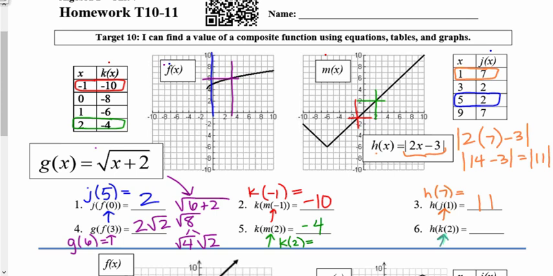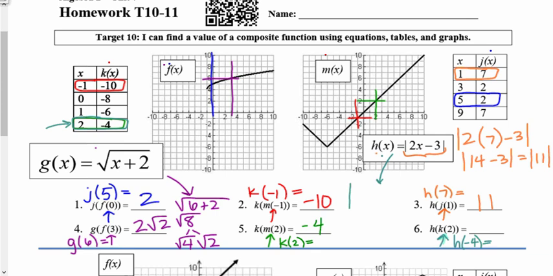That's better. All right, first we'll do k of 2. K of 2 is over here again. This table, it's negative 4. So then I do h of negative 4. And where's h? Right here. It's this equation. So I'm going to plug in negative 4 for that x value.